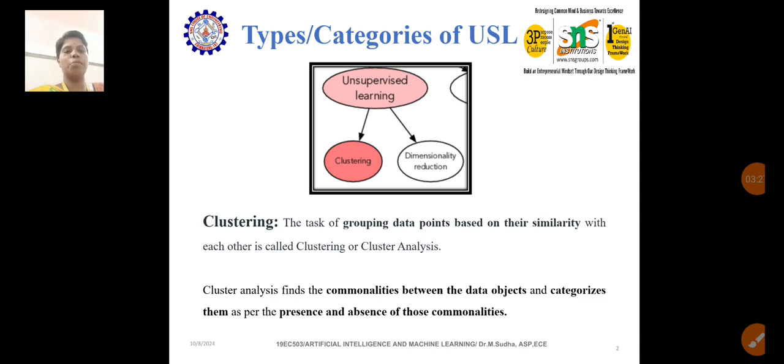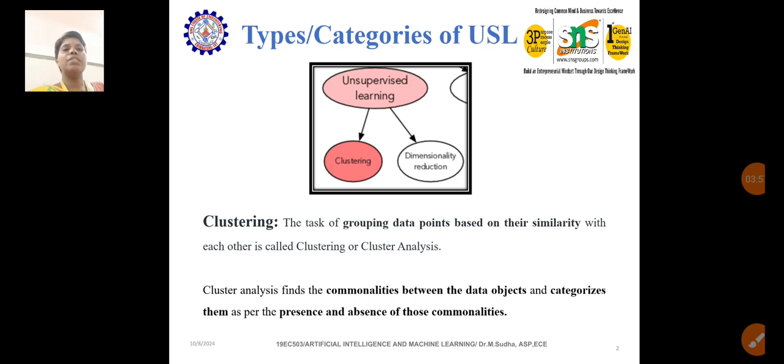In networks it can mean a group of nodes, or in the medical segment a group of images; it will differ based on the application. So cluster analysis finds the commonalities between the data objects and categorizes them as per the presence and absence of those commonalities. This is one category of unsupervised learning, that is clustering.